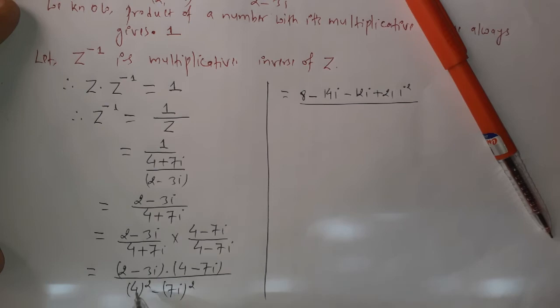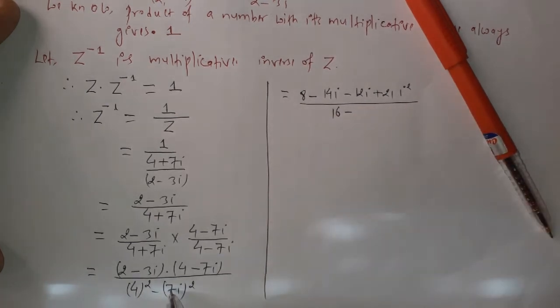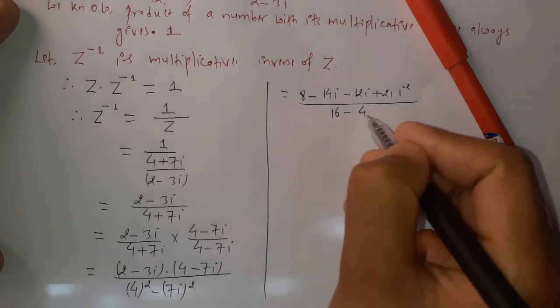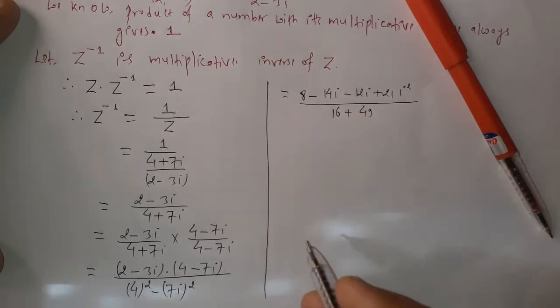In the denominator, 4 squared gives 16 minus 7 squared is 49, and i squared gives negative 1, so this will be plus.